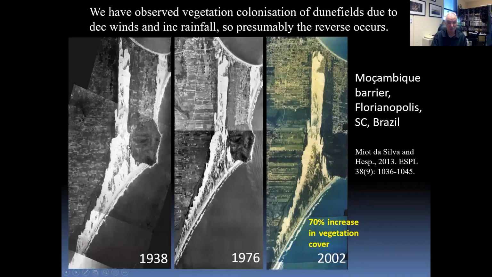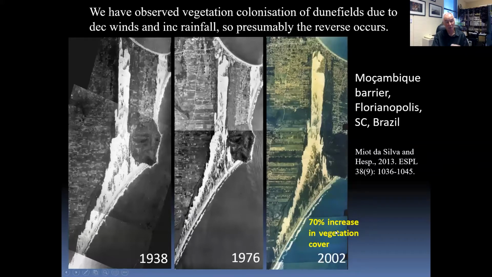And you see here the dunefield in 1938, largely vegetated except for the big transgressive dunefield lobe at the end here, with a 70% increase in vegetation cover by 2002, principally because of decreasing winds and increasing rainfall. So, climate change primarily.